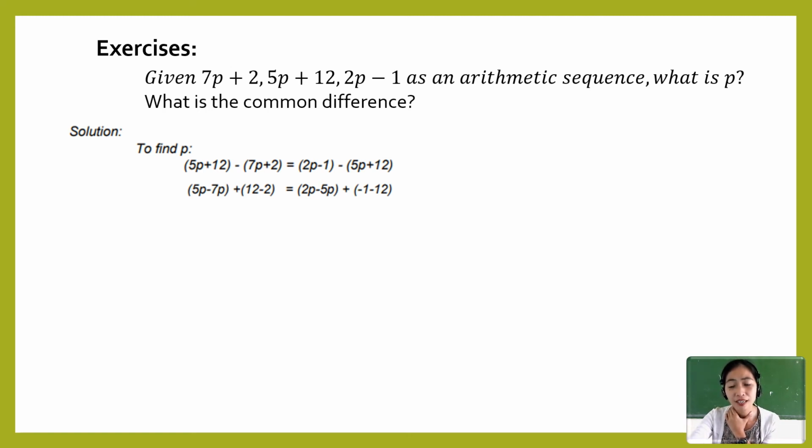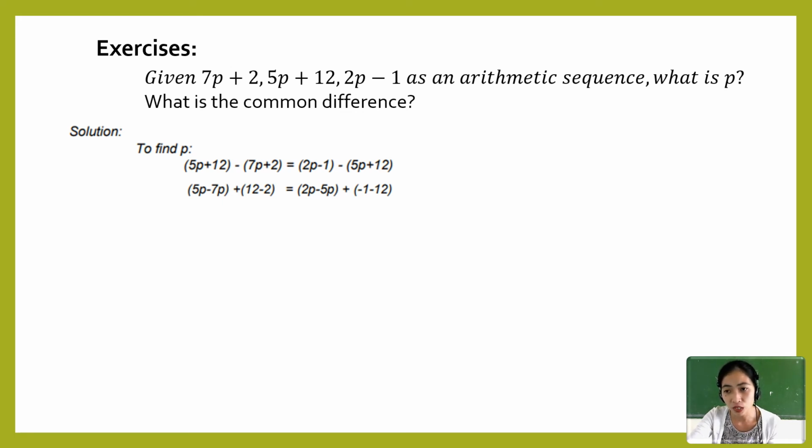Then you will notice that the like terms are grouped together, so 5p minus 7p are enclosed in parentheses. Then the constants, 12 and negative 2, become 12 minus 2. On the other side, we also distributed the minus sign to 5p plus 12, so it became minus 5p and minus 12, or negative 12.